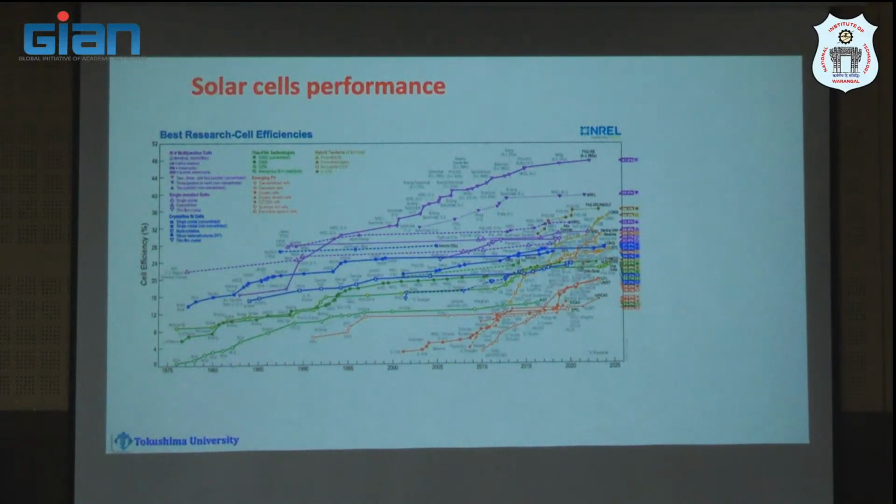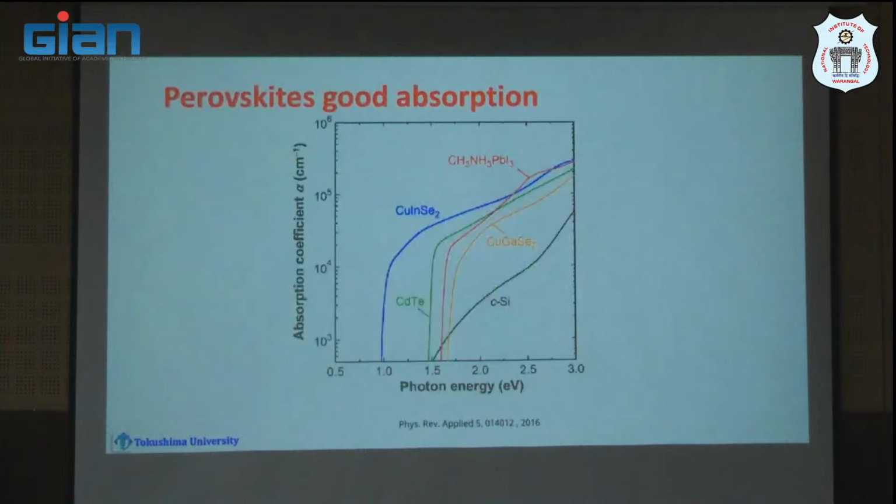So they are focusing on perovskite material because of its high efficiency. Solar must give high efficiency, then it can be used. But why perovskite material? Because they have good absorption.